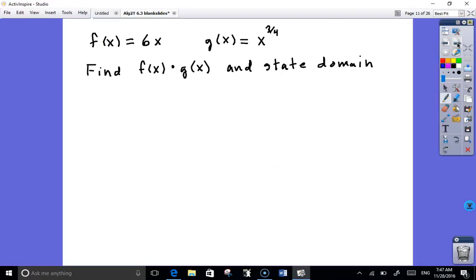Okay, multiply. So let's see. f of x times g of x equals 6x times x to the 3/4. Okay, now how am I going to simplify that?